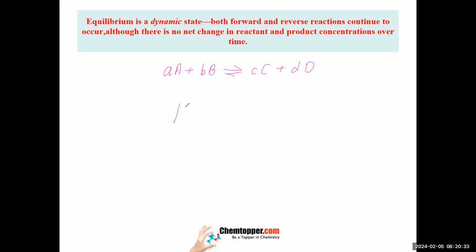The equilibrium constant K for this reaction is the product of the concentration of products. Products are C and D. So concentration of C raised to the power of its coefficient in the balanced equation, times concentration of D raised to the power of its coefficient, divided by concentration of A, the reactant, raised to the power of its coefficient, times concentration of B raised to the power of its coefficient.